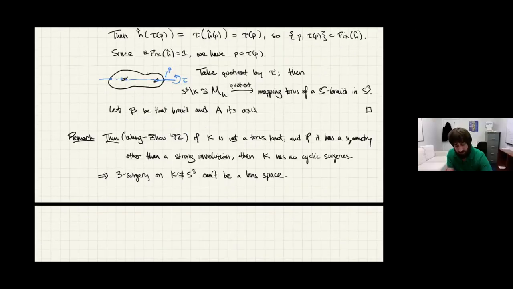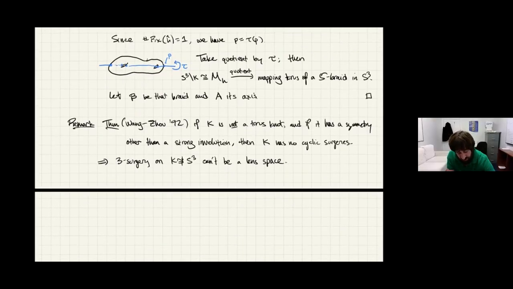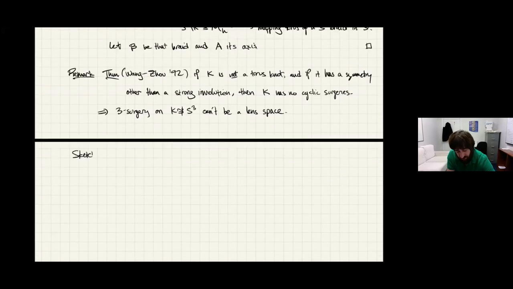Okay, so I've got only a few minutes left. I want to sketch the rest of the proof. So let's suppose that 3 surgery on our knot K is SU2 abelian.